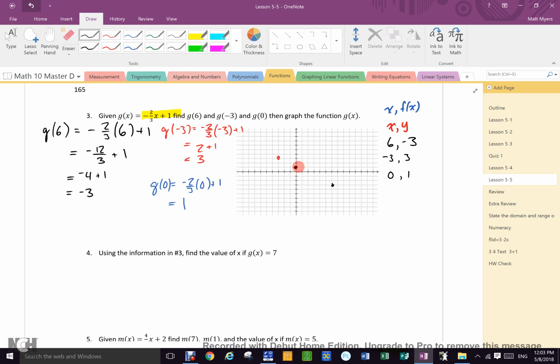Why is it discrete? Because you have certain points that you don't have. But could you do it with any number? You could easily. Could I put any number in for x, multiply it by 2/3, and add 1 to the result? Yes or no? Yes. So is it continuous data? Yes, because I can input any number and get an output.